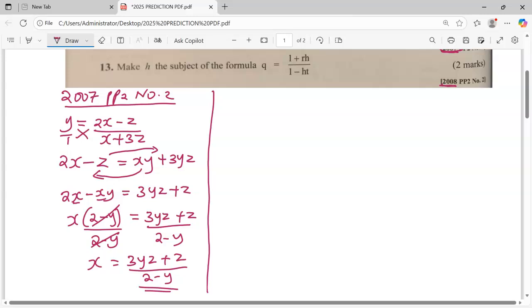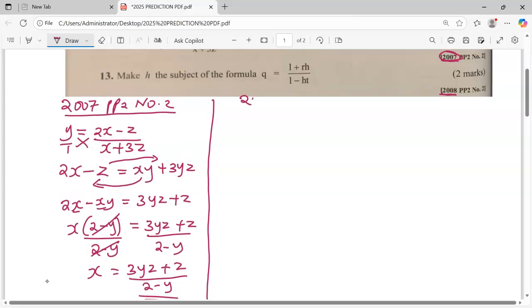We can now move to the question that was done in 2008. That is again paper 2, question number 2. And the question we have is, make h the subject of the formula. Now we have q as the subject of the formula, and q is given as 1 plus rh divided by 1 minus ht.